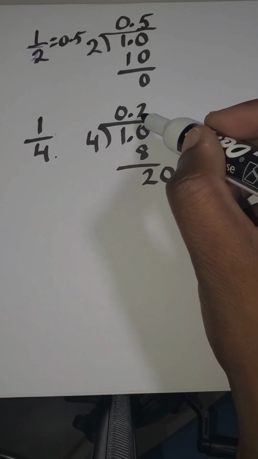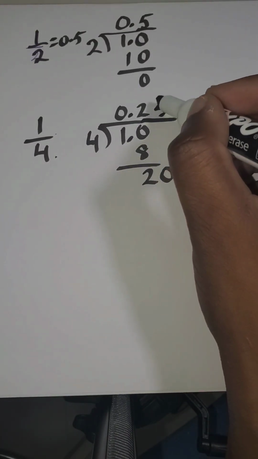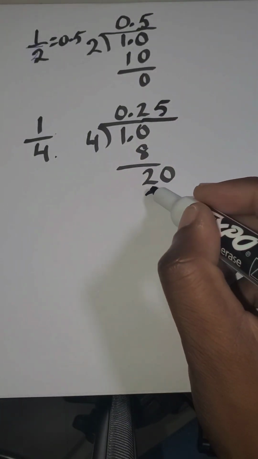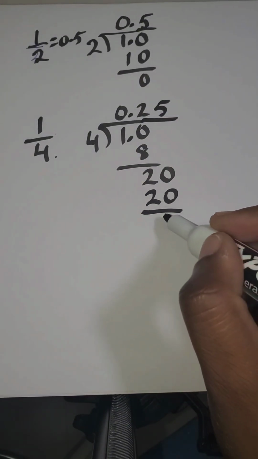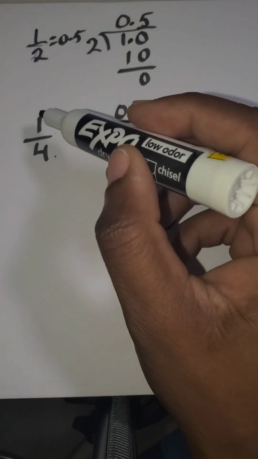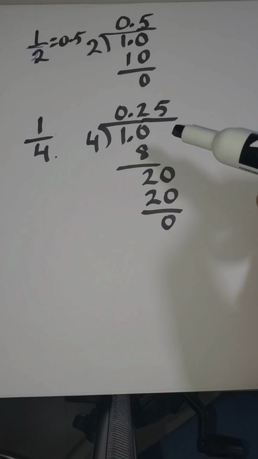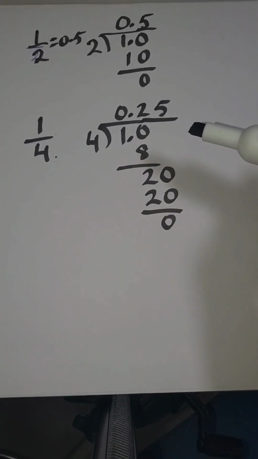How many times can 4 go into 20? 4 into 20 goes 5 times. 4 times 5 gives me 20. Subtract, I get 0. There are no more numbers to bring down. So 1 over 4 is the same thing as 0.25. And that's exactly why 25 cents is called a quarter.